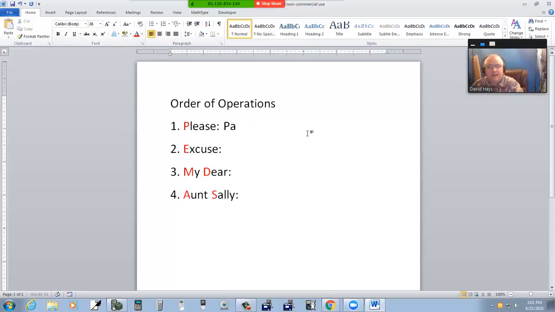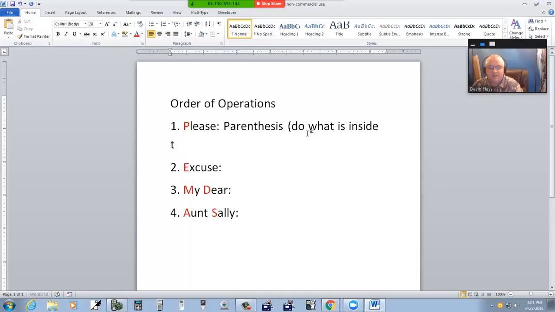The P stands for parentheses. So you do what's inside the parentheses. Now that doesn't say you get rid of the parentheses. That may occur, but you do what's inside the parentheses. The E stands for exponents.